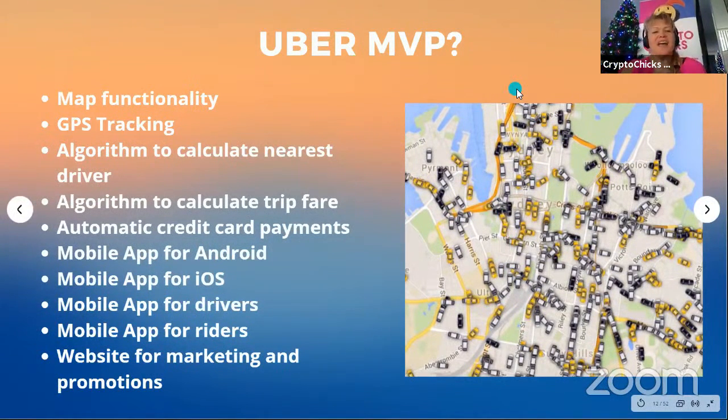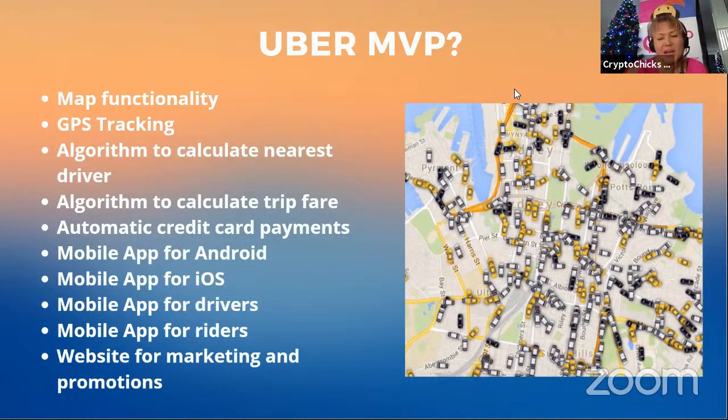There you go. And how do you think it was built? So just imagine if the Uber founders started building an MVP, what they would need. They would need the whole map functionality, the GPS tracking, the algorithm to calculate the nearest driver, the algorithm to calculate trip fare, automatic credit card payments.